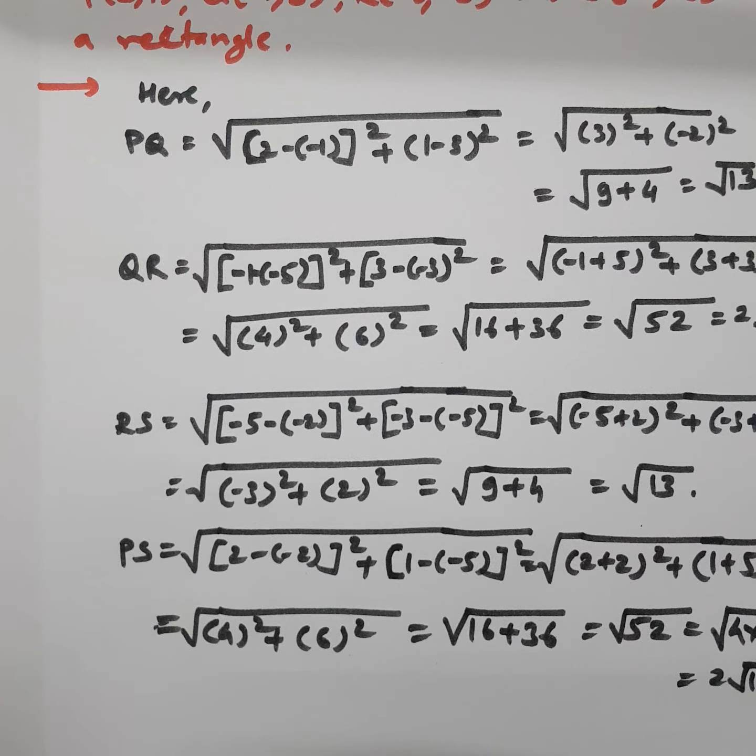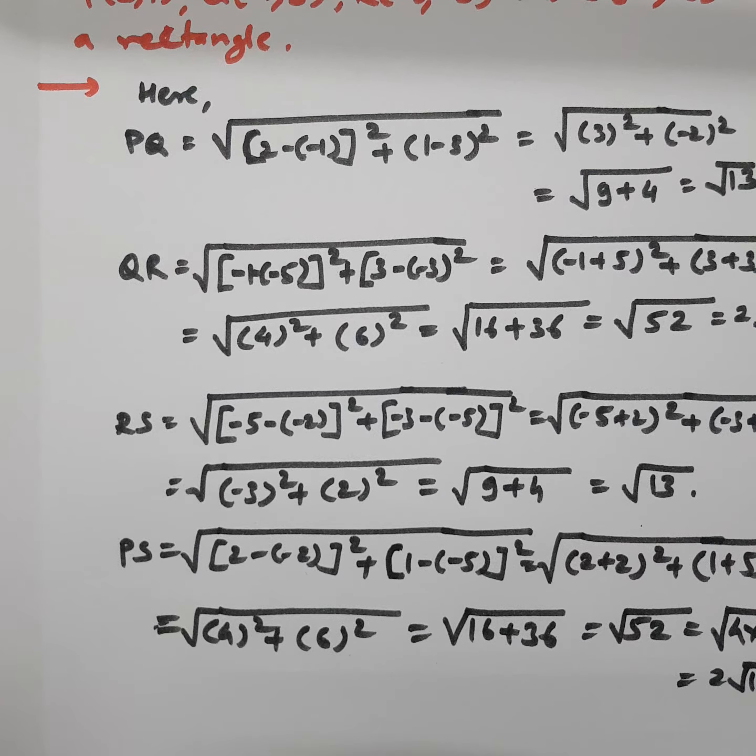Therefore here in the sides, PQ is root 13, RS is root 13, therefore PQ is equal to RS, and QR is 2 root 13, PS is also 2 root 13, and QR is equal to PS.